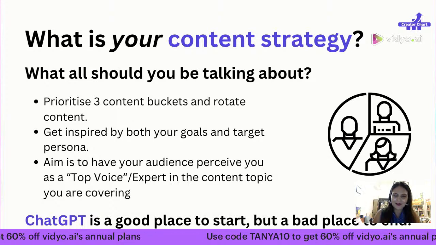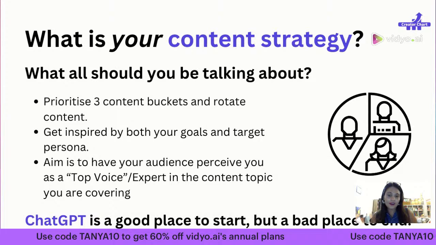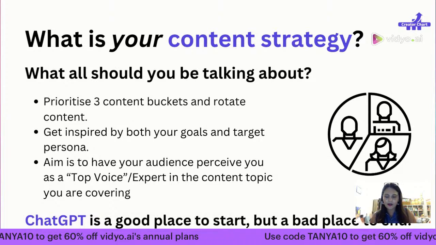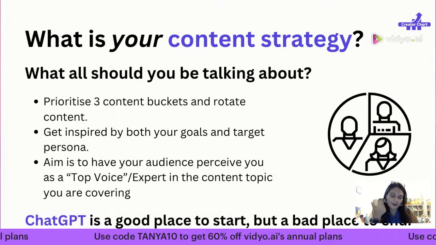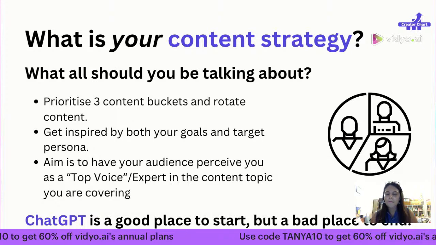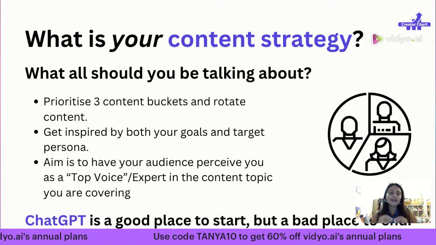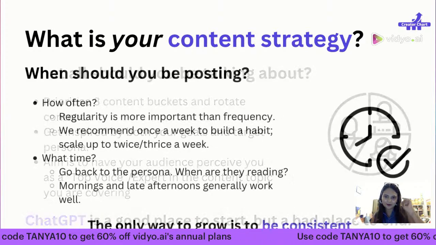Experience obviously trumps everything. I think ChatGPT is a good place to start, or different AI tools are a great place to start. But I think these basics need to be covered. Video.ai, of course, is again, like, I feel like AI is a great tool for everything. But at the end of the day, these things need to be optimized for before you do anything else.